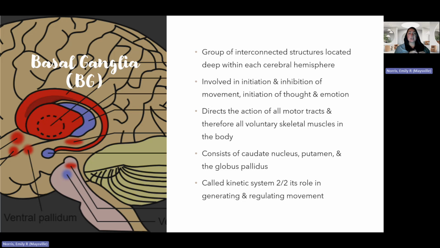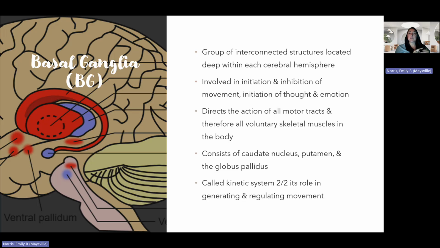The basal ganglia, I have decided to shorten it to BG, even though that's not really a common abbreviation we use. It's just shorter for my slides. So BG here is referring to the basal ganglia. So this is a group of interconnected structures.